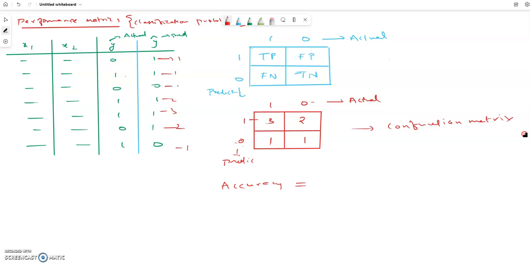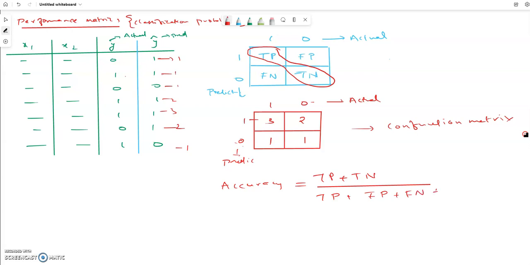The formula will be the summation of these two, true positive plus true negative, divided by true positive plus false positive plus false negative plus true negative, the total of whatever is there in the matrix.